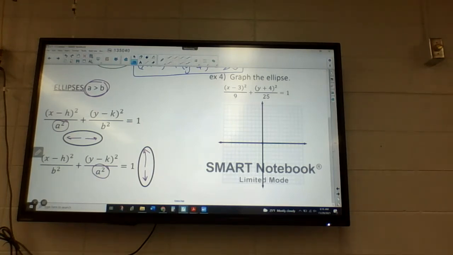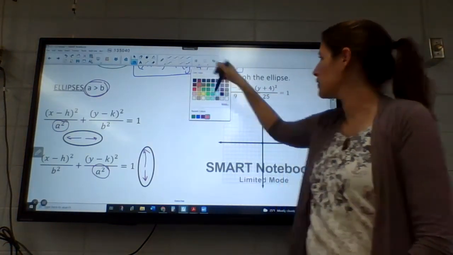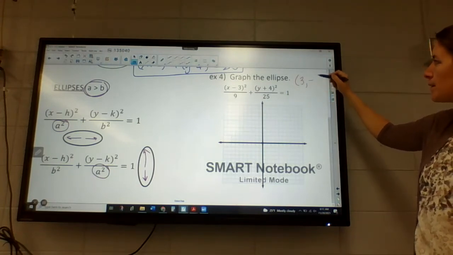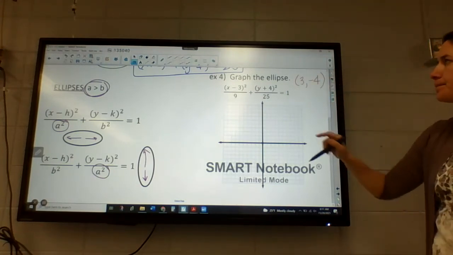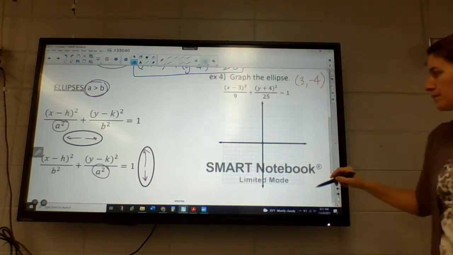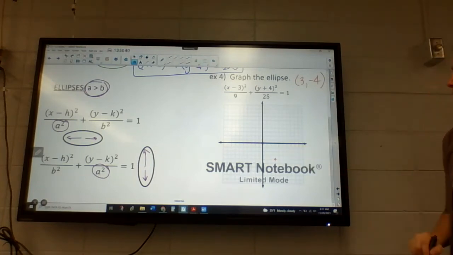Now the h and k still work the same way, where it's always the opposite of what it looks like. There's our center of our ellipse.